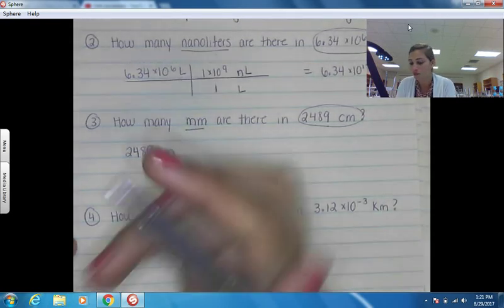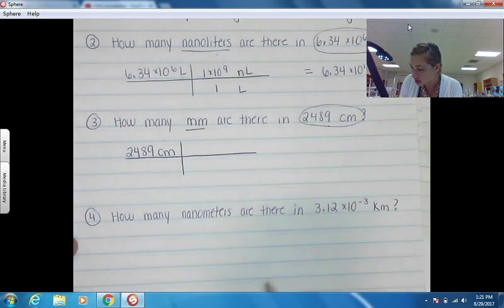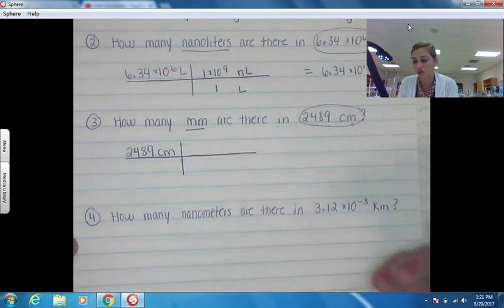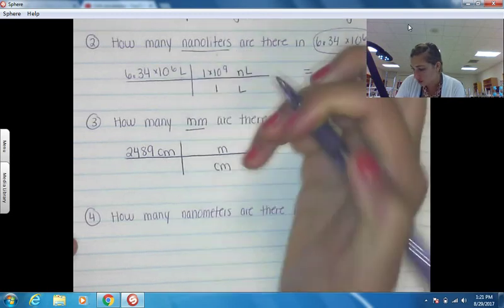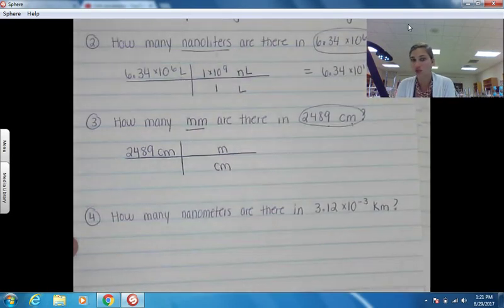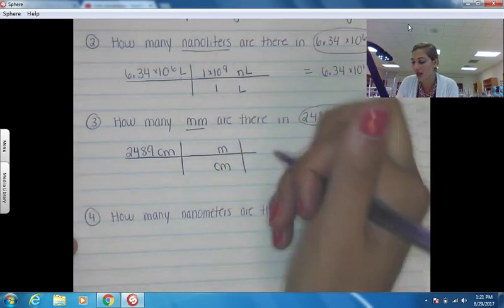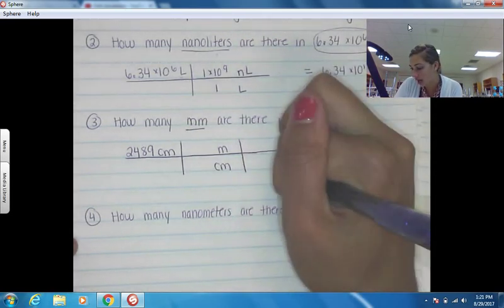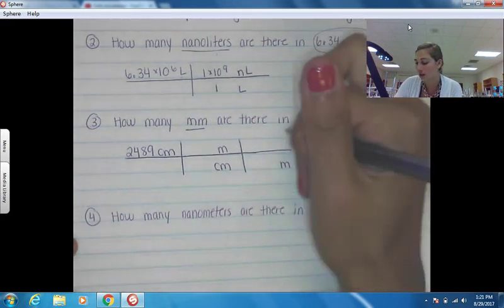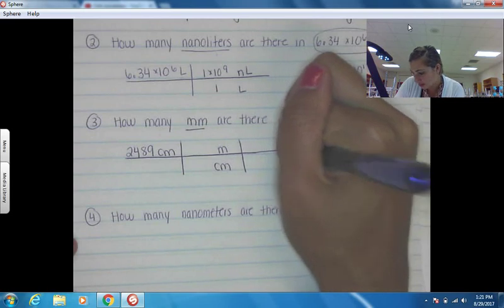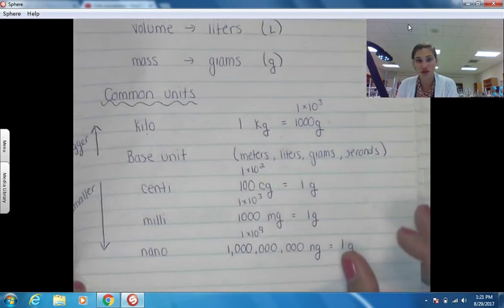Okay. Now, I said that I always want to go to my base unit. In this case, my base unit is meters. So I have to get out of centimeters and get into meters. Now, the question is not asking for meters, so that's how I know I need to set up another step. And just like I did before, I have to get out of meters and into the unit I'm actually looking for, which is millimeters. Again, I look at my conversions.